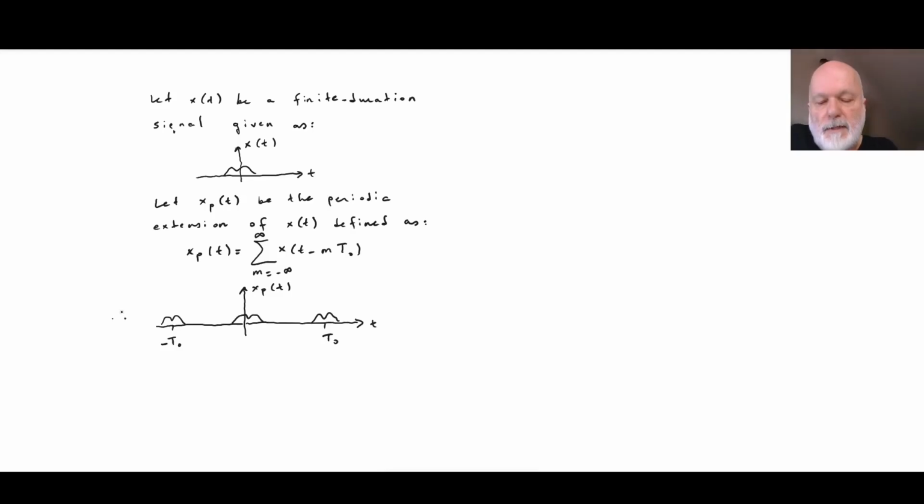So we have the periodic repetitions of x of t with fundamental period T0. Okay, so xp of t is defined in this way.